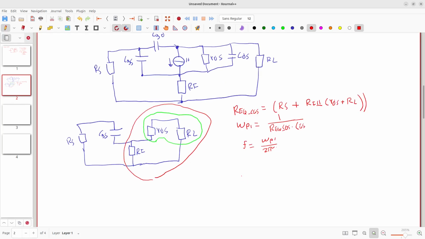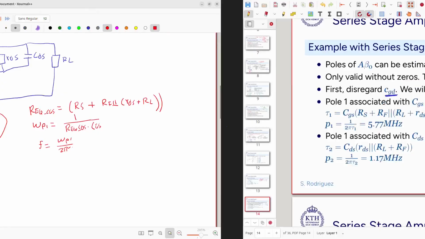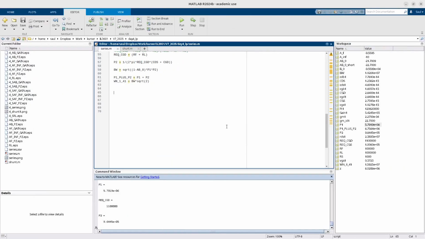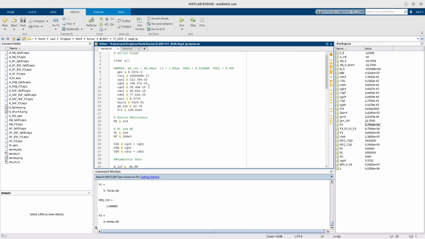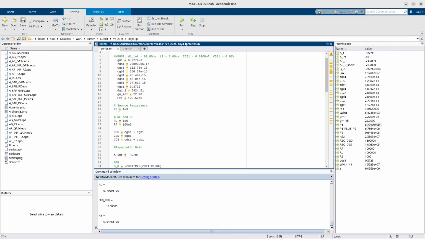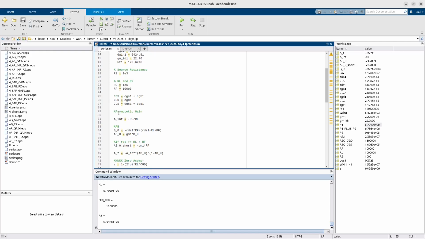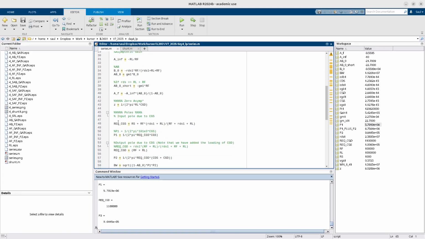When I replace the values, I have a MATLAB script that is actually doing that. It is very convenient to have this scripted. I have the values of the small signal parameters extracted from Cadence here, from our templates. I can calculate directly the equivalent resistance, and I calculate the input pole here.